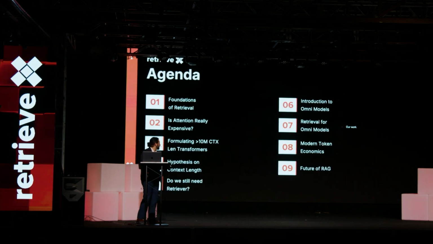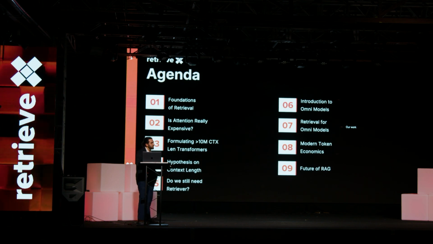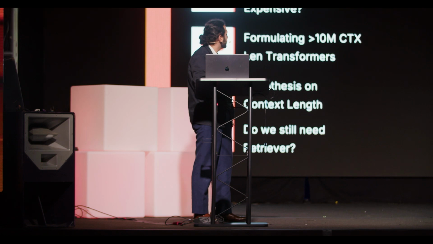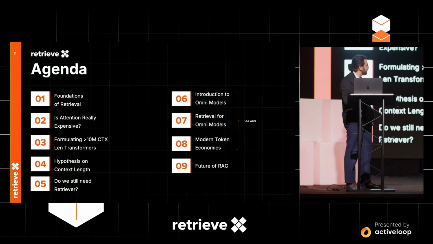Okay, the general agenda today is there's two streams that I promise will intersect at the very end. The first stream is talking about the foundations of retrieval, why retrieval is necessary, and then what the future of retrieval is now that we're getting very long context language models. And then in the second half, I'll talk about Omni models. These are essentially natively multimodal models.